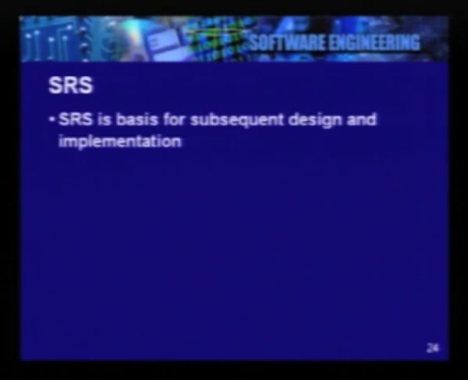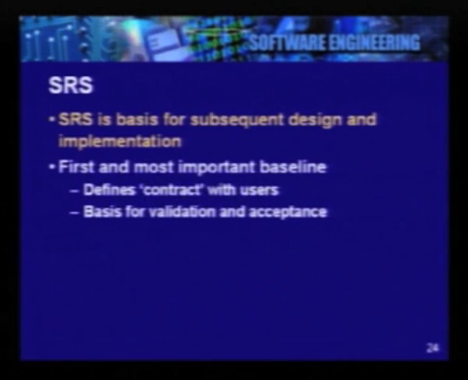So, it must give a clear idea not only to the user about what to expect from the system, but it should be comprehensive enough for the designers and the developers subsequently to complete the development work. This is the first and the most important baseline. This is going to be a reference document.